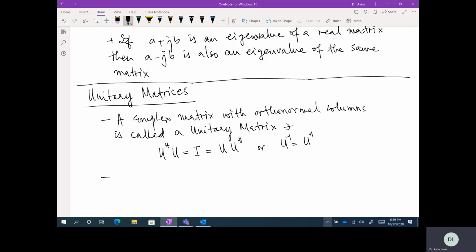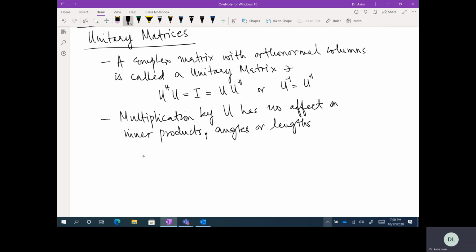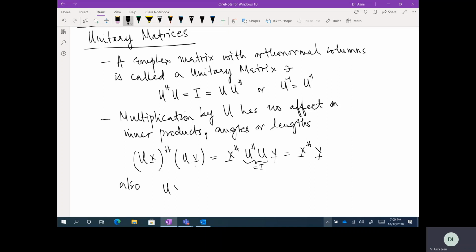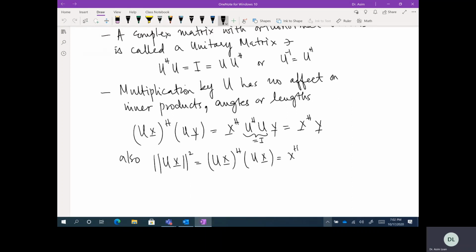This implies (UX)^H into UY is simply X^H U^H U Y. This, by the way, is identity, so this is X^H Y. Also, UX norm squared equals (UX)^H into UX, which is equal to X^H U^H U into X. This is again identity, so this is X norm squared. So your length is preserved.